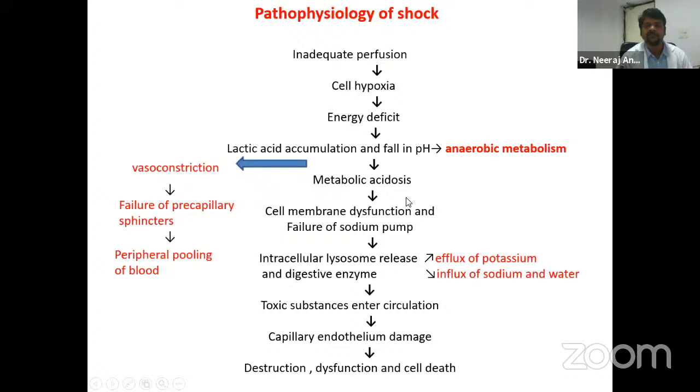As cell membrane as well as other enzymes are pH dependent, there is cell membrane dysfunction, along with failure of the sodium pump. So it leads to intracellular lysosomal enzyme release as well as digestive enzyme release into the circulation. These toxic substances ultimately lead to capillary endothelial damage and damage to different organs, which ultimately leads to multi-organ dysfunction and death in the patient.